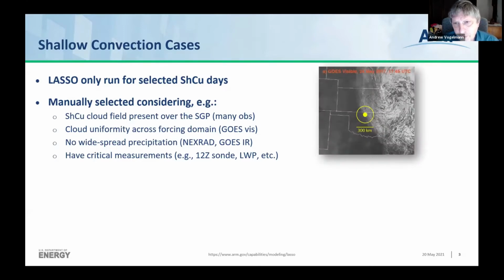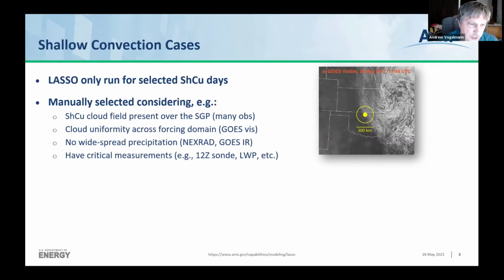So this is just to give you an example. We use the GOES visible imagery, and you can see that there's a very nice shallow convection field over the SGP, but basically it dissipates to the west of it. And so this is an iffy case, that even though you have clouds at the SGP, it's not 100% clear that the atmospheric forcings will be able to capture the moisture and temperature tendencies properly.